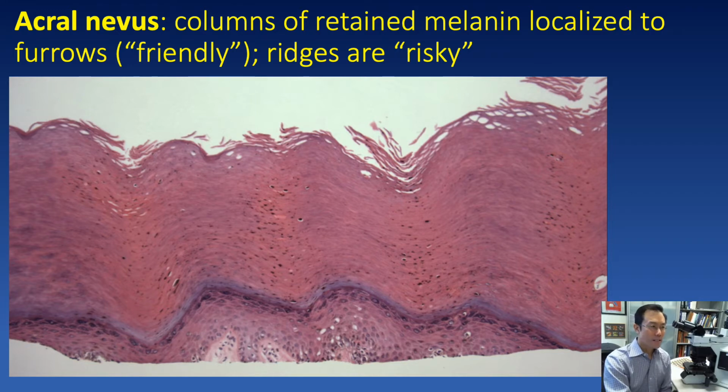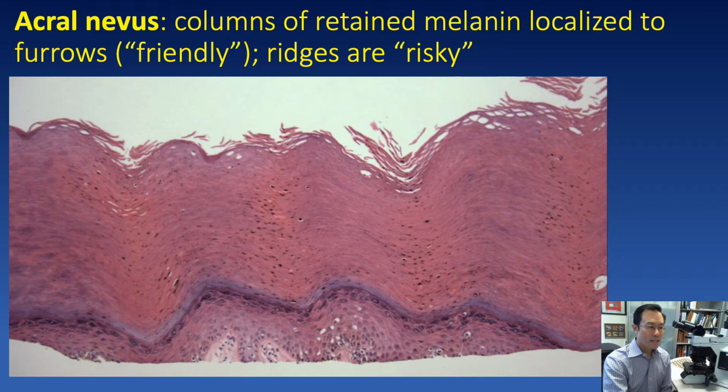So what that means is we like to see the retained melanin localized to the furrows and not involving the ridges. Now you have to have tissue that is sectioned perpendicular to the skin ridges in order to really see this. If, in contrast, you have the tissue section parallel or obliquely to the ridges, that can actually make it look even scarier.